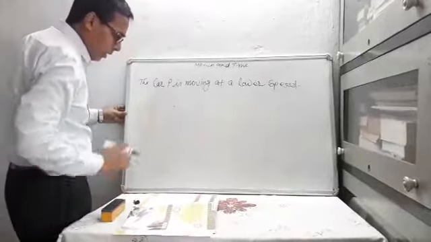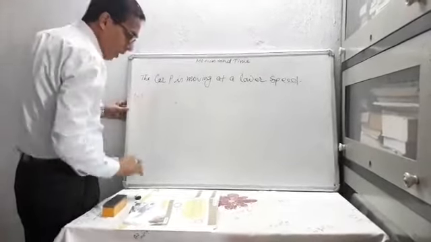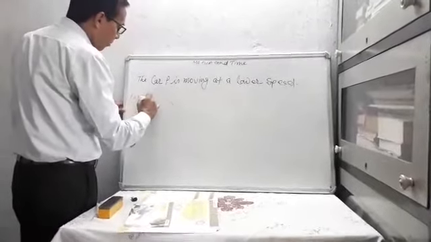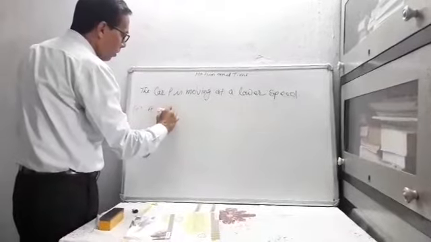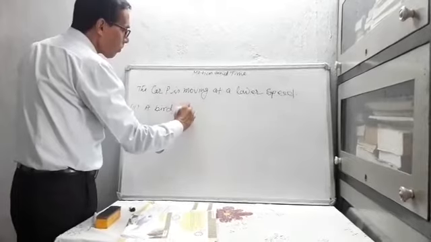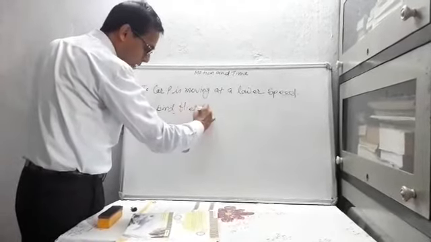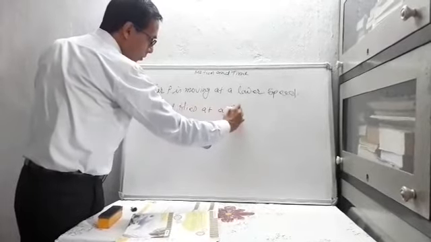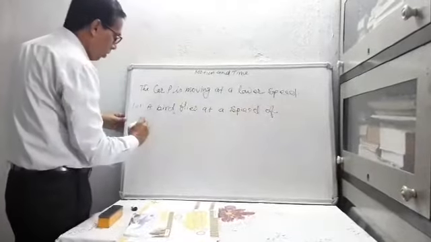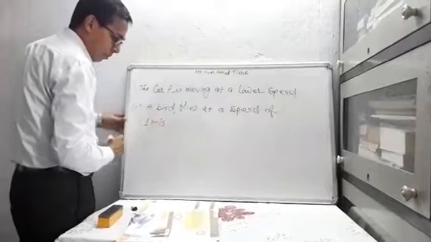Now next question. A bird flies at a speed of 1 meter per second.